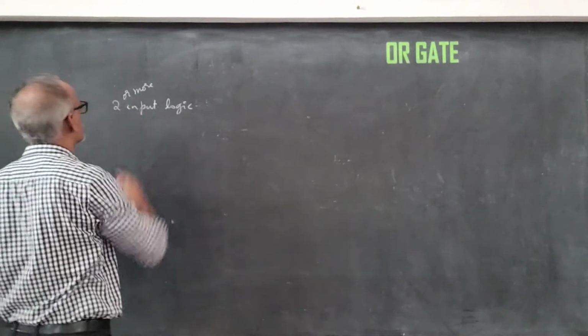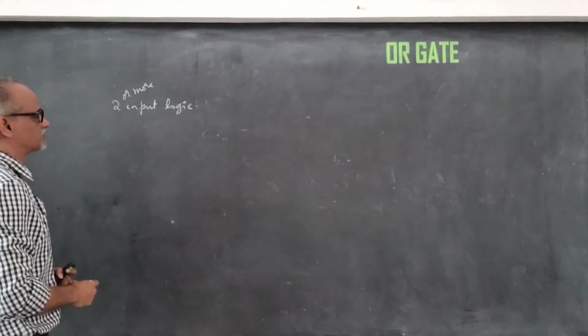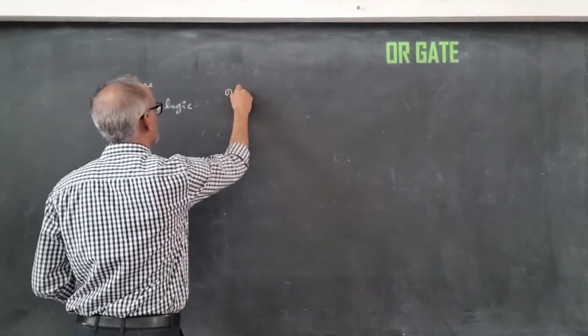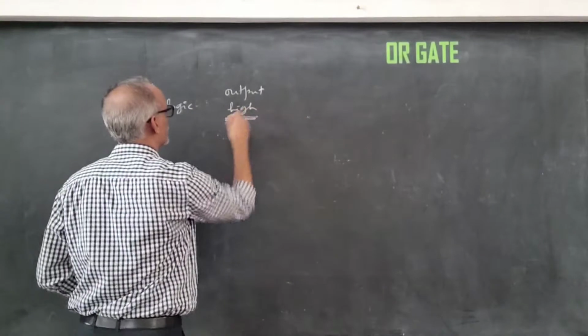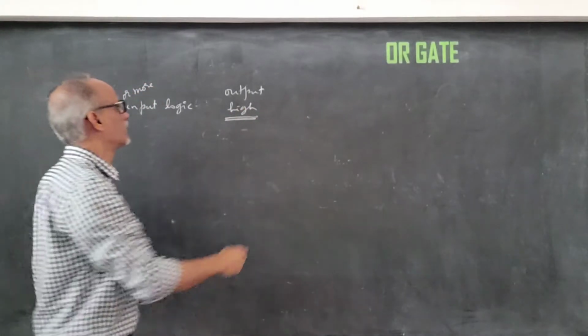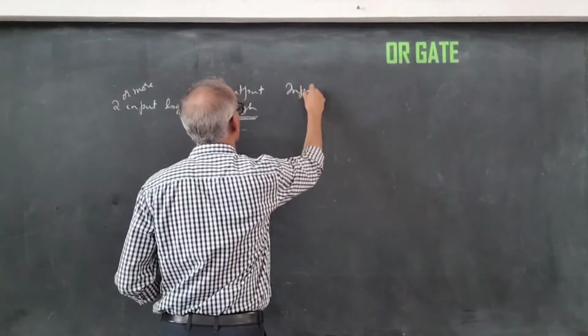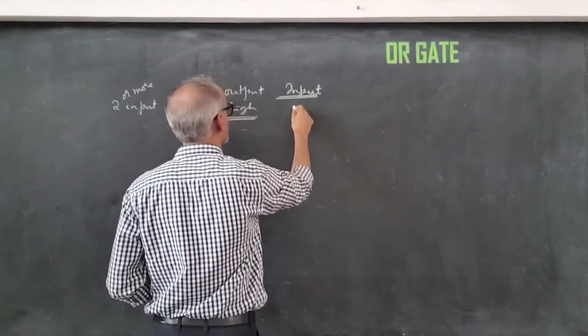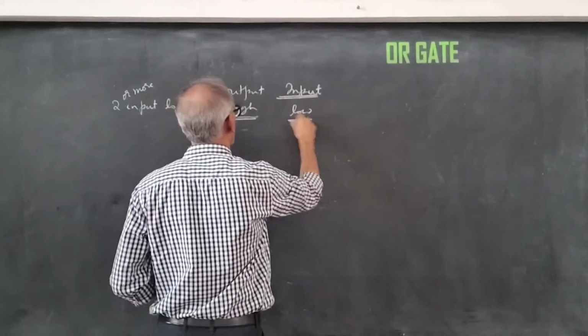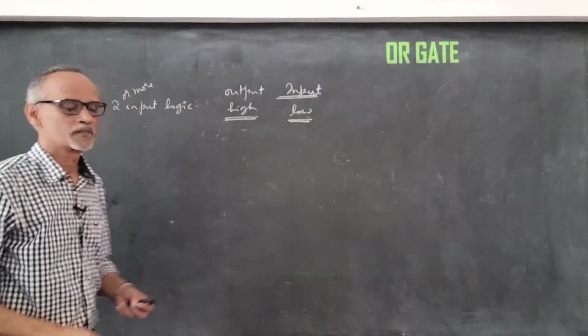So a 2 or more input logic gate whose output is high when any one of the inputs is low. So this should be the condition.